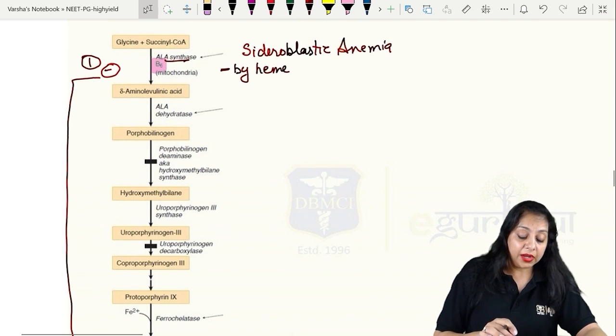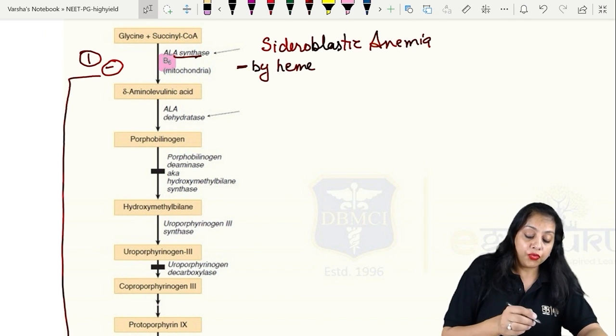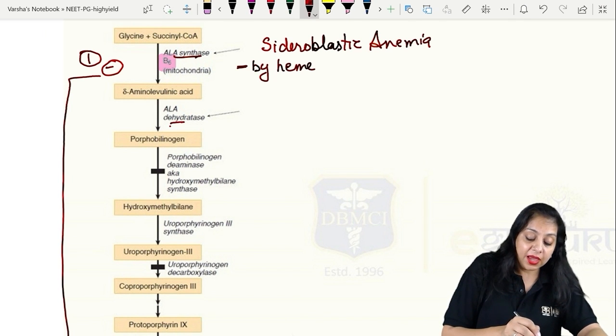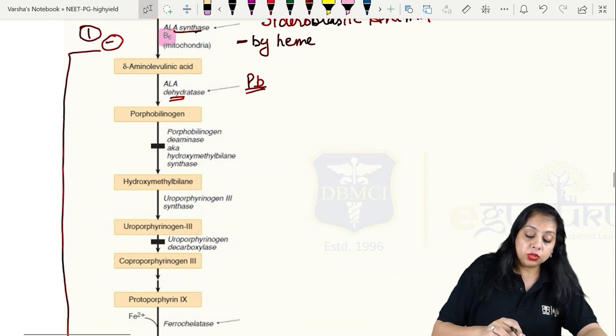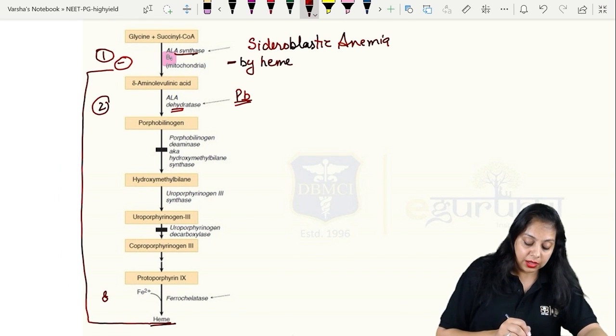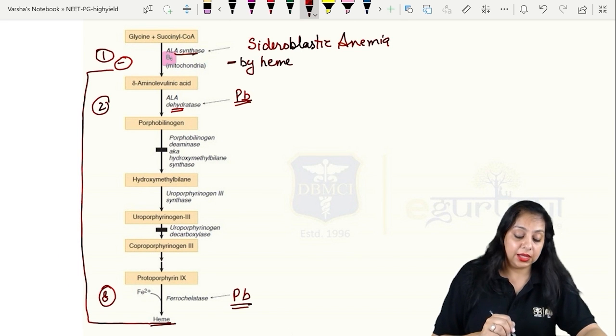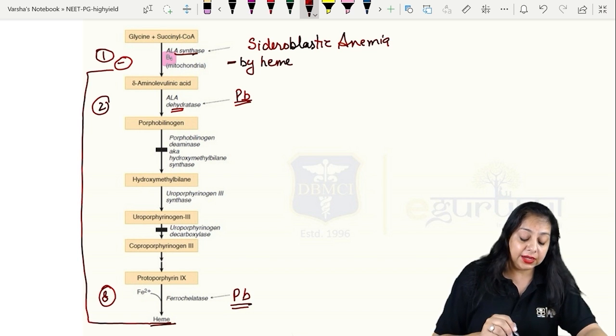Now from delta aminolevulinic acid, what do you make? You make porphobilinogen by the enzyme ALA dehydratase, which is inhibited by lead. And also the last step, the eighth one, is inhibited by lead. So that is what is going on with the patient. Lead is inhibiting ALA dehydratase.